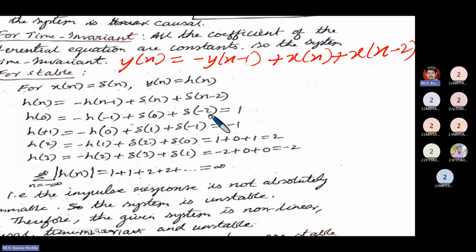Okay, here delta of n means impulse function.